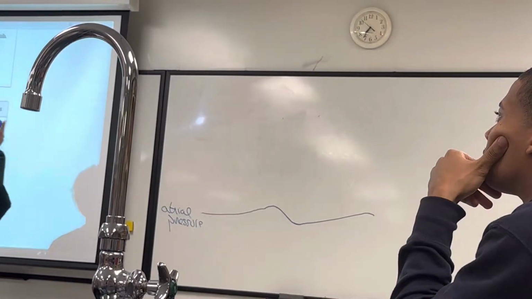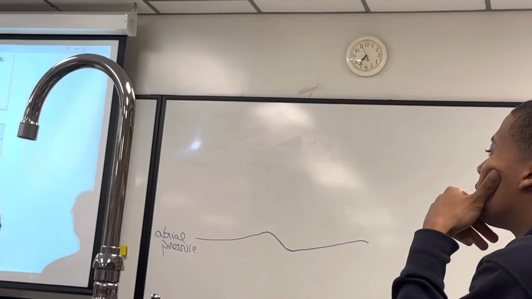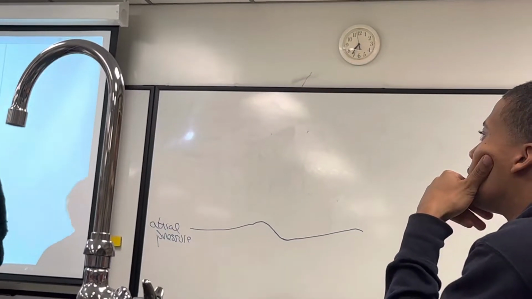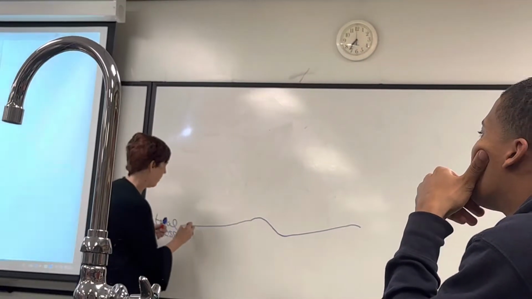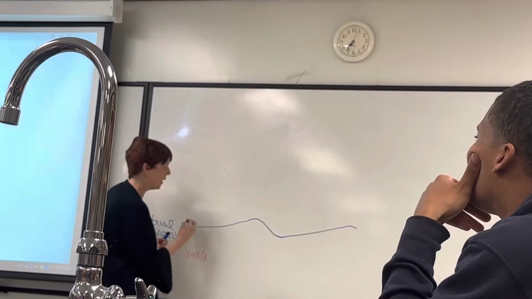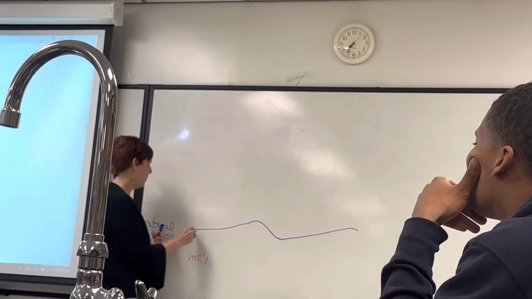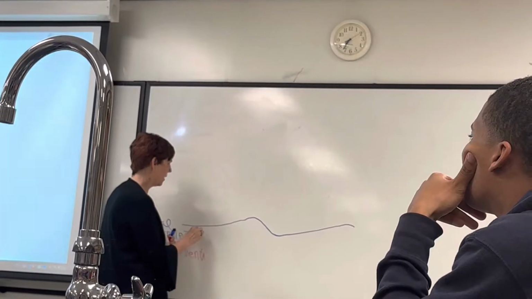Atrial pressure is higher, because otherwise blood would not go through to the ventricles. If it were higher in the ventricles with the AV valves open, the blood would be returning to the atria. So we draw our ventricular pressure below the atrial pressure.